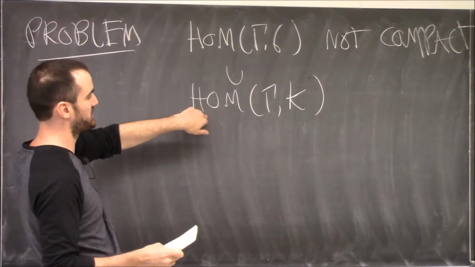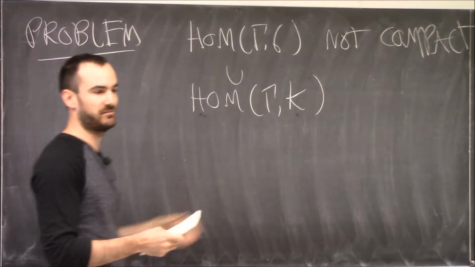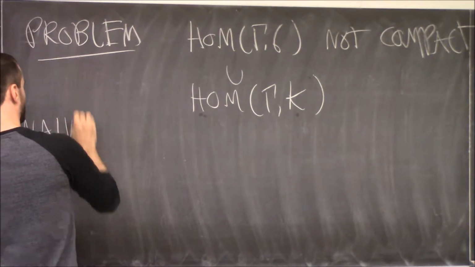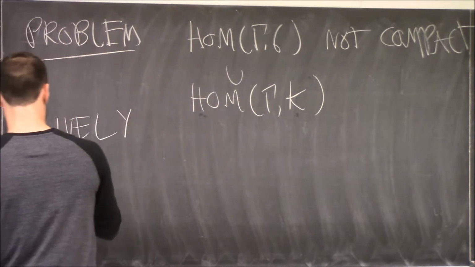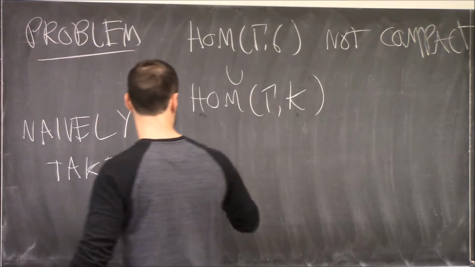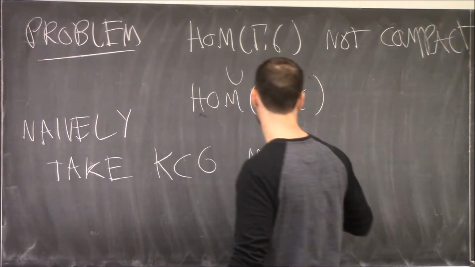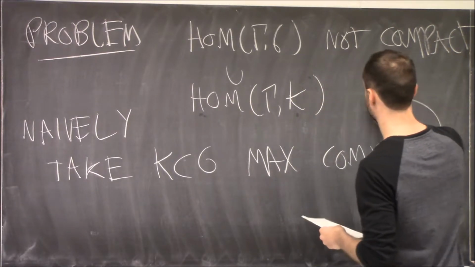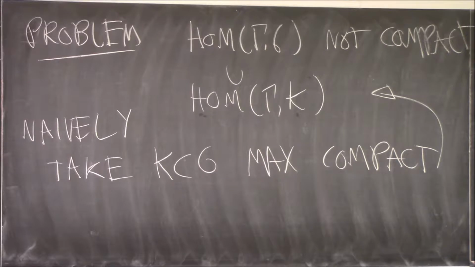So those representations that happen to land inside a given maximal compact subgroup. So naively, you can take K inside of G, maximal compact, and try to consider this subspace of compact representations instead.